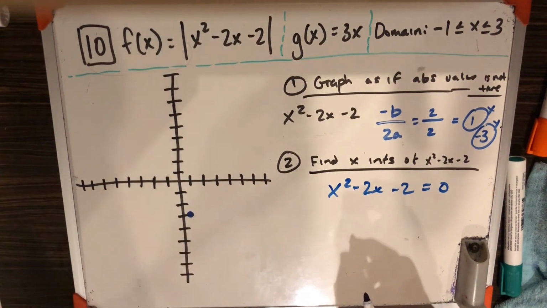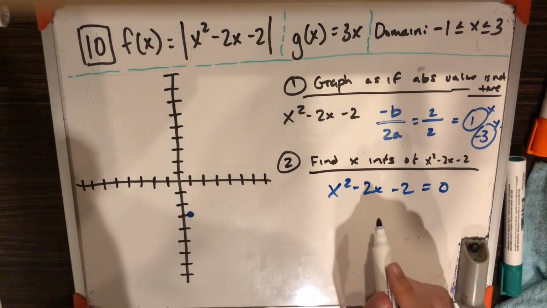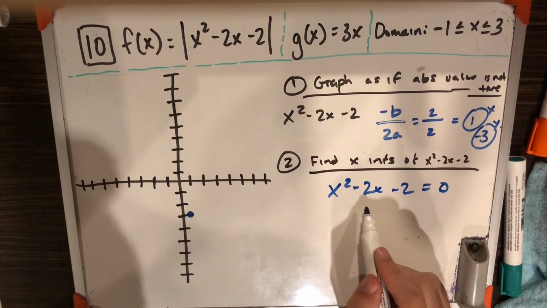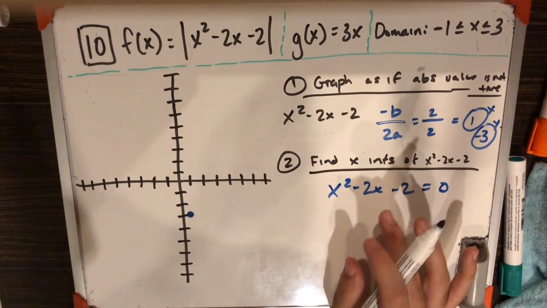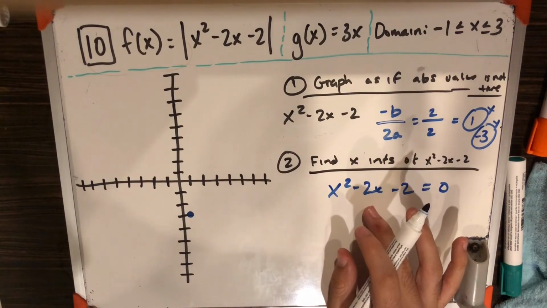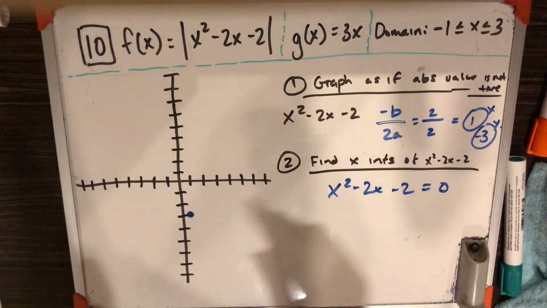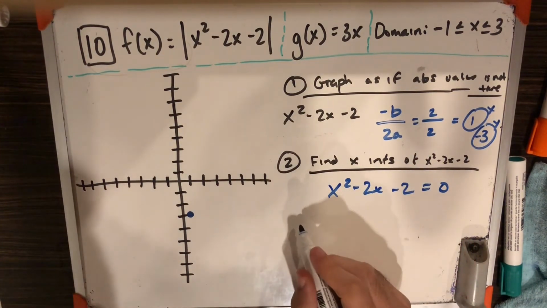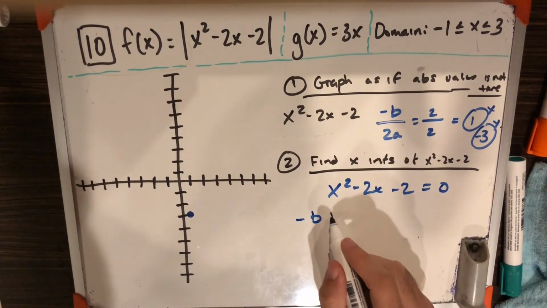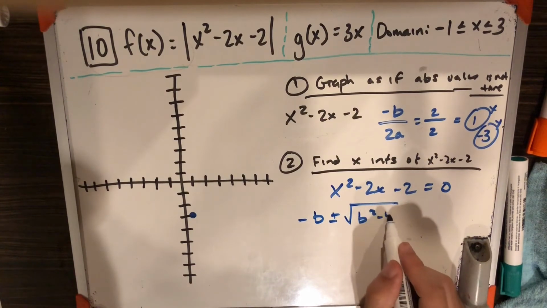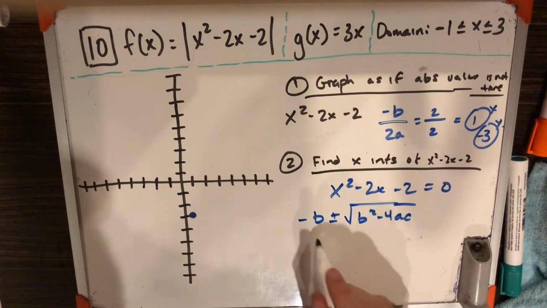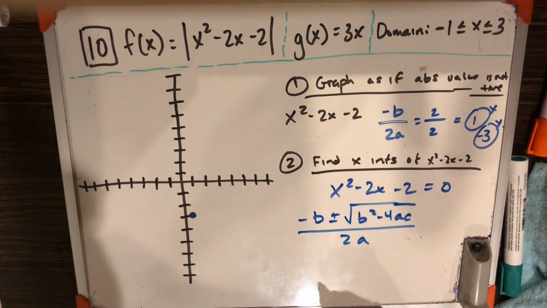Now think about factoring this. Is this going to factor? Well, no, it's not, unfortunately, right? So if it doesn't factor, we have to resort to our quadratic formula, right? Quadratic formula ends up being, again, you need to remember this, -b plus or minus the square root of b squared minus 4ac all over 2a.